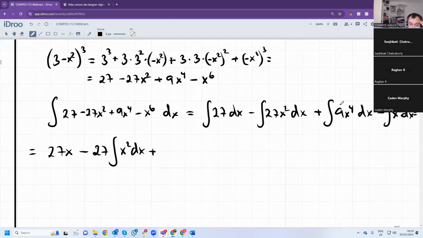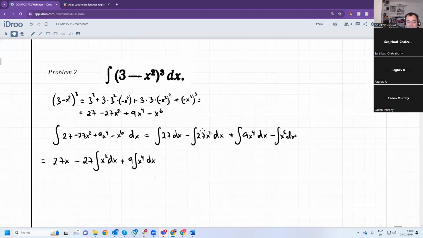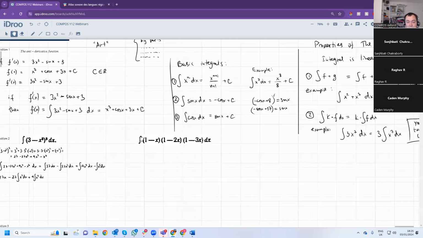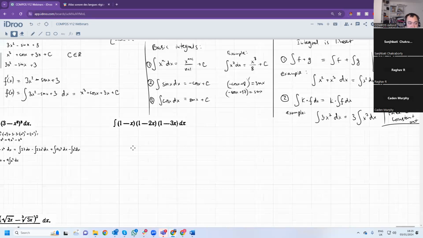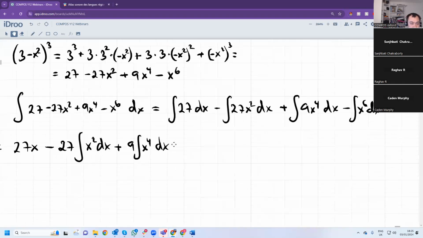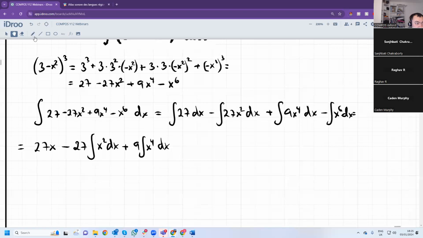Now plus, you take the 9 out: 9 times the integral of x to the power 4 dx. I'm using the second property of linearity: I can take a constant out. Minus the integral of x^6, which we can already do. It's going to be x to the power 7 over 7 plus c.